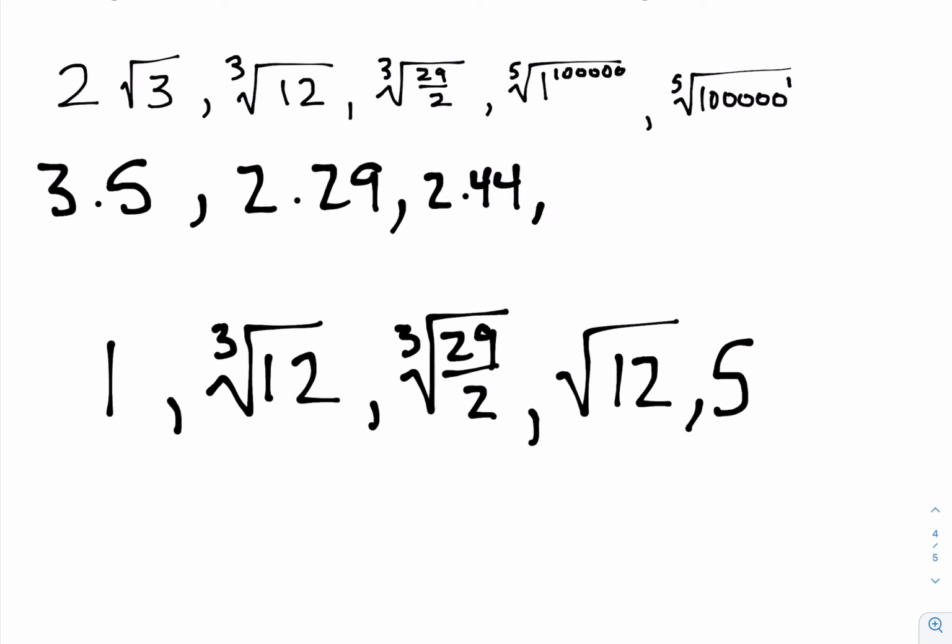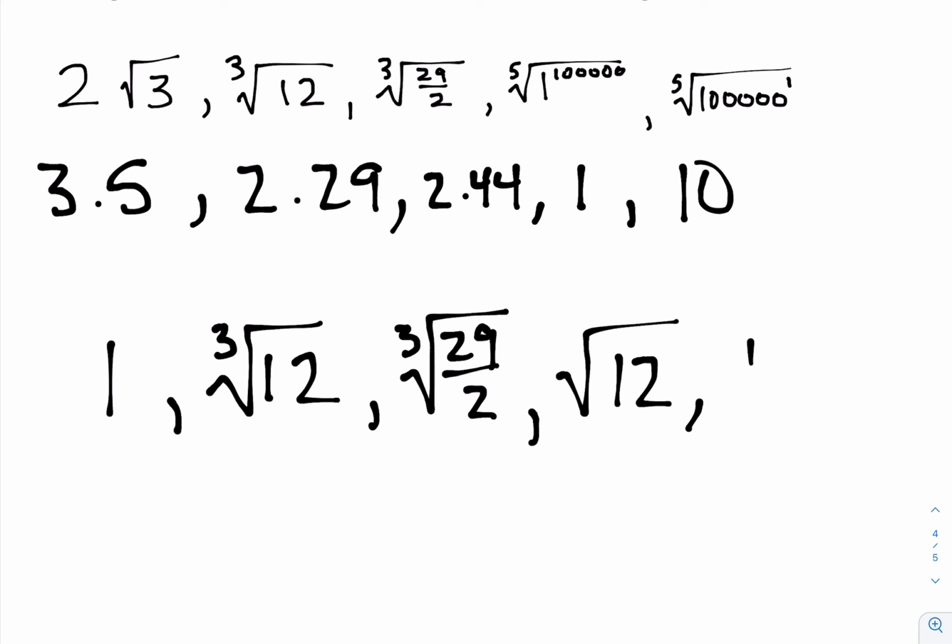2.44, and then like we said, we figured out this part here using our exponent laws. So this is going to be the 5th root of 1, which is 1, and then like we said, this is going to be 5, and I'll just put it in my calculator just to make sure. So if we have 100,000 raised to the power of 1 over 5, that is going to be, I don't know why I wrote 5 here, it's actually 10.